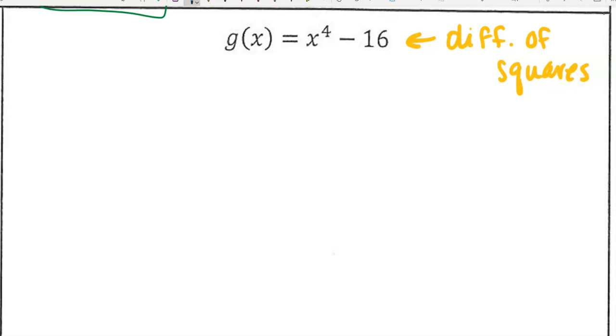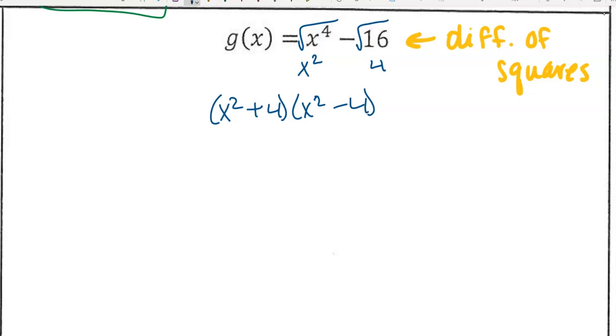And if you need the formula for that, check your notes. They're in a few pages before this. When we have difference of squares, I like to take the square root of both terms. The square root of x to the 4 is x squared, and the square root of 16 is 4. Now we can go ahead and write our factors, x squared plus 4 and x squared minus 4.